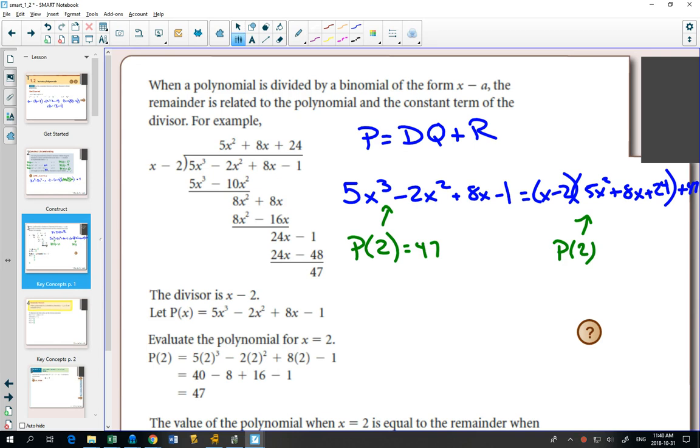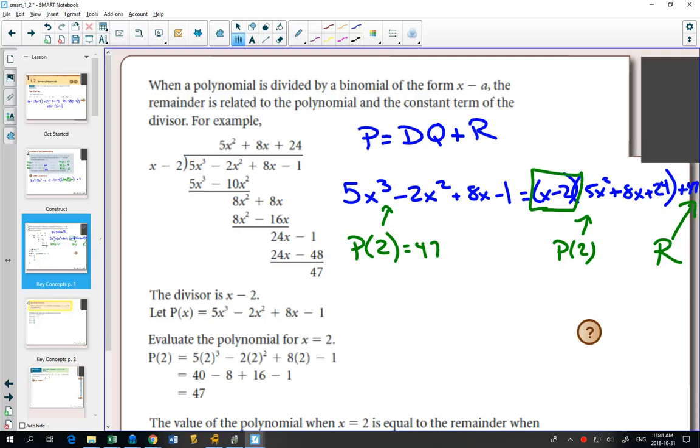And if I plug in 2 on this side of the equation, what's that part in the box going to equal? 0. And 0 times anything is going to be 0, and all you're going to be left with is your remainder. So do you always plug in a positive number? Like even if it's x minus 2, you just plug in? Well, x minus 2, you'd plug in positive 2. If it was x plus 2, you'd plug in negative 2.